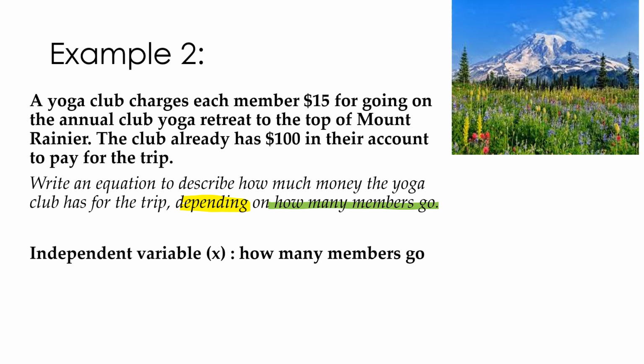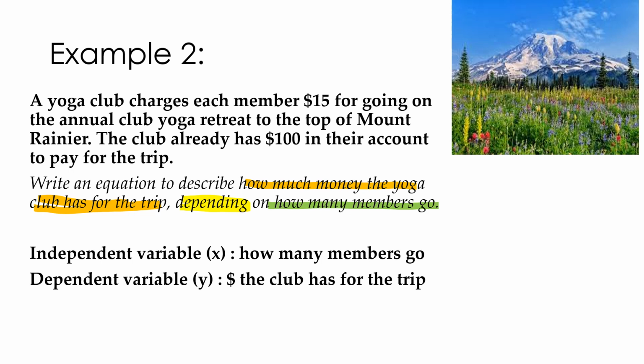If we go back to the beginning of this little piece right here, it asks us to describe how much money the yoga club actually has for the trip. So the dependent variable is how much money the club has for the trip. The money that the club has for the trip here depends on how many members go, right?